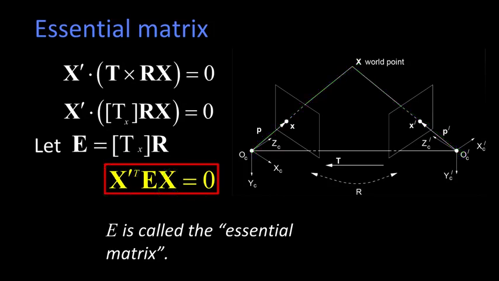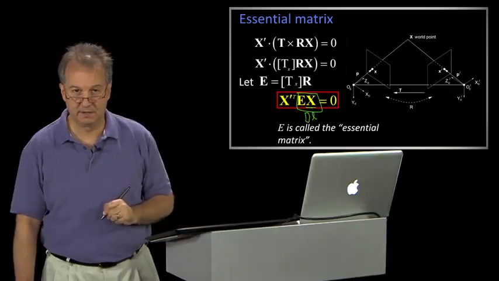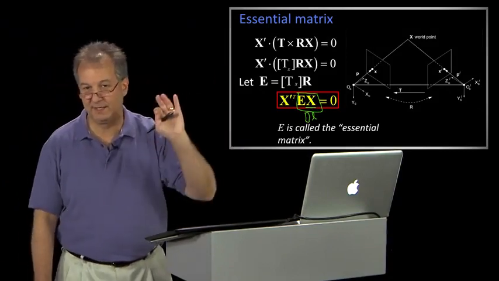One last thing, and you're not going to totally get that this time, but that's okay, you're going to get it next time. We said that this works for any point along that ray, so you can think of that as the homogeneous representation of all the points along that ray. Our E is our 3 by 3, times this 3 by 1, so this is another vector here. We'll just call that L. Why am I calling it L? What does L stand for? In some weird language it stood for point, but in our language it stands for line.